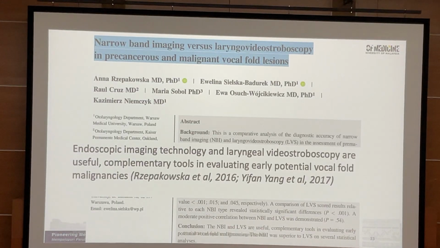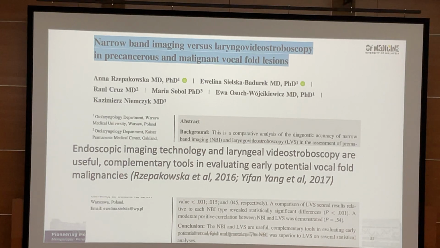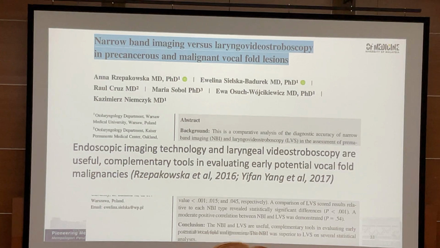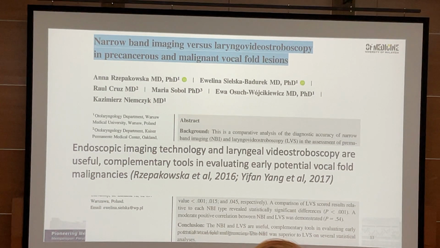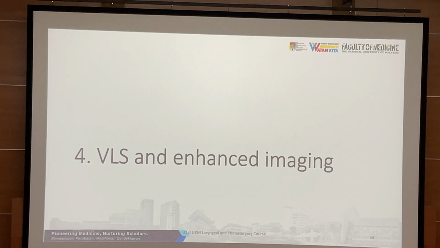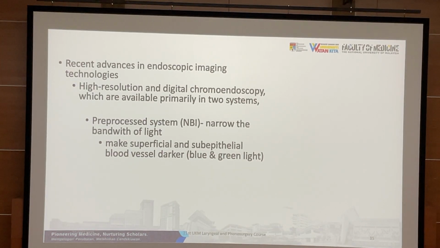And if you add on enhanced imaging, it will enhance the accuracy of diagnosing the lesion, whether it's malignant or something that you can follow up, and would help you to determine the treatment and how quickly you need to do biopsy.